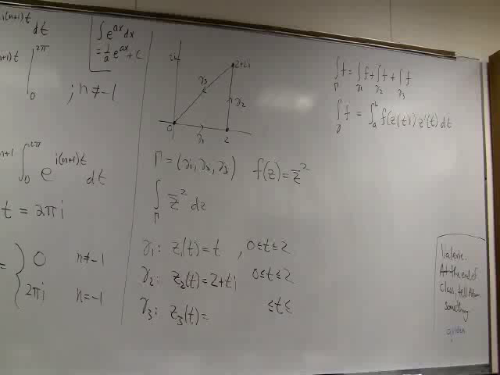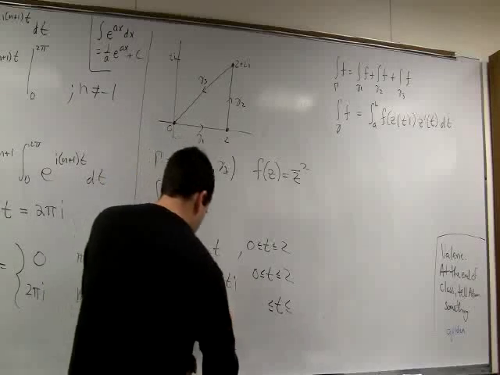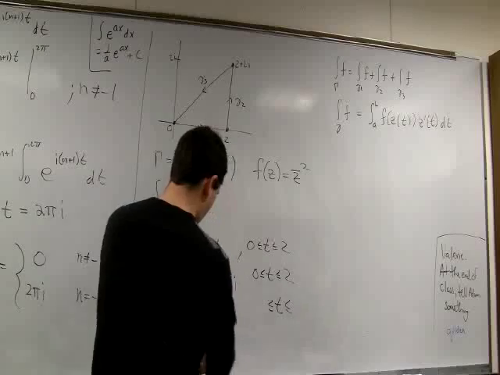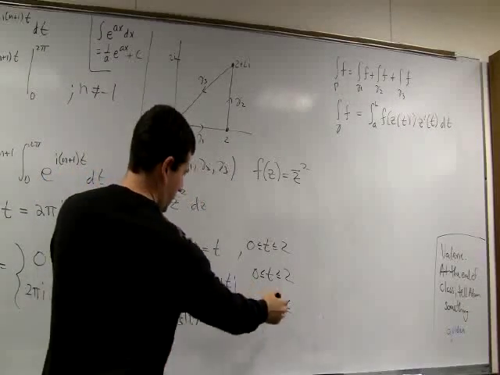How about t plus ti? And what would I let t go between?